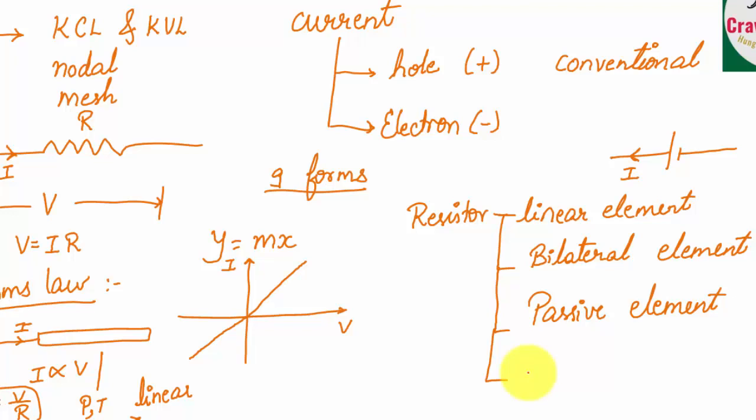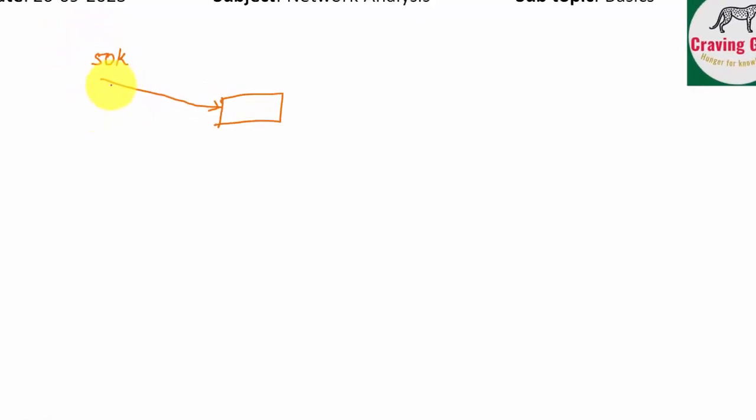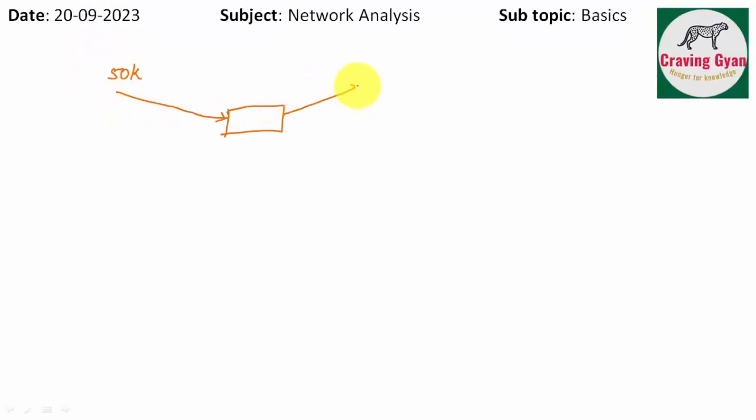Now let us consider myself. When I was a college-going student, suppose my father is giving 50,000 and the college fee is 50,000, I will be giving it. Suppose they are giving 1,000 a month as pocket money, we will be spending the 1,000.